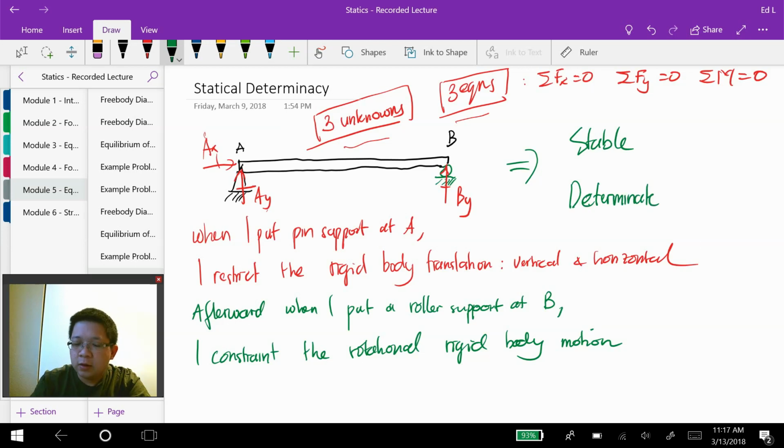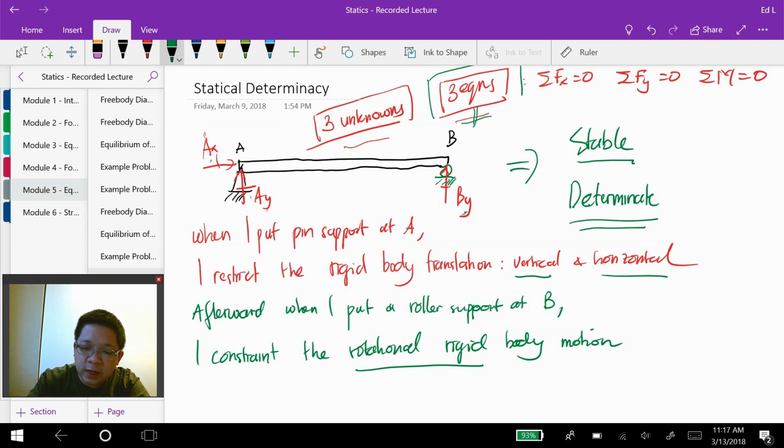I repeat again: the system is stable because we already constrain all of the rigid body motions, and we call this system determinate because we can apply the static equilibrium equations to find all of the reaction supports, or unknowns.